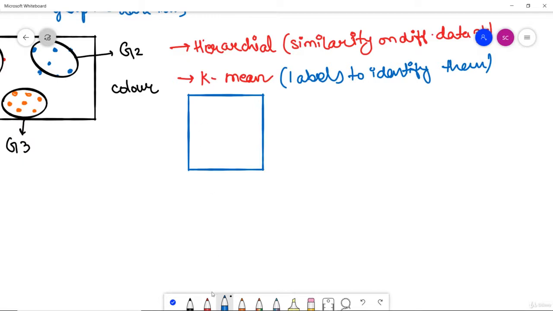now here I am drawing several clusters. Now what it checks is the centroid. Let's say this is one point we are checking and this is another point we are checking.